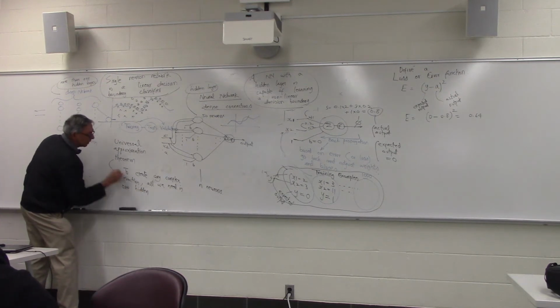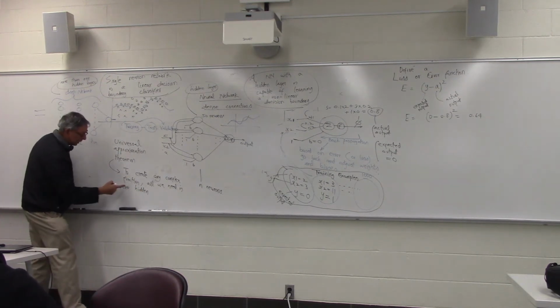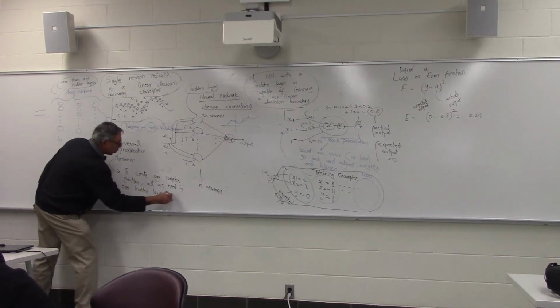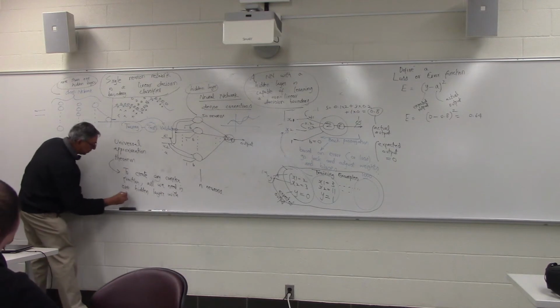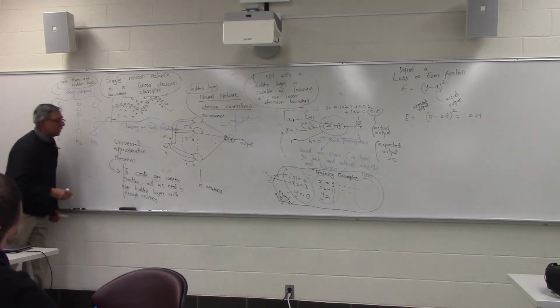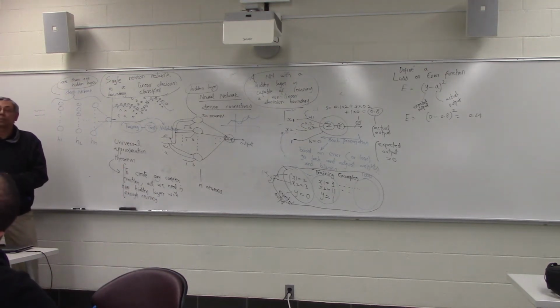And again, I'm giving you a very simplistic summary of this. Okay, all we need is one hidden layer with enough neurons. Okay, so mathematically this was proven.